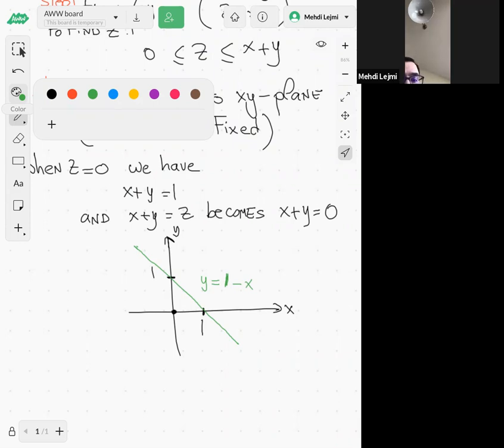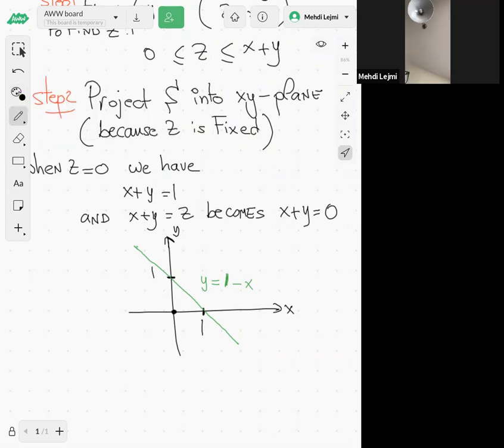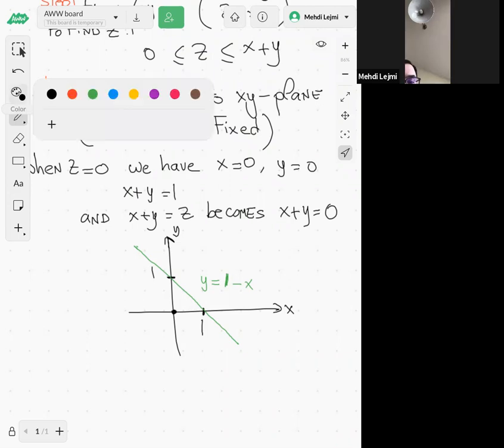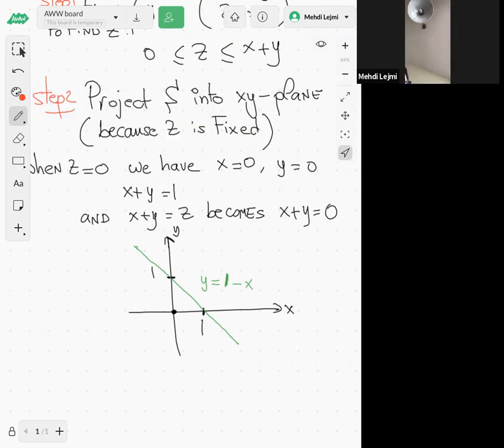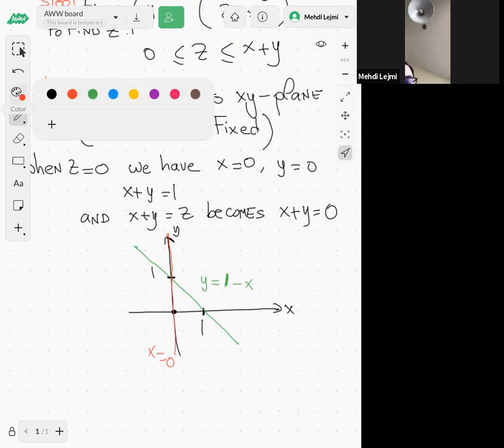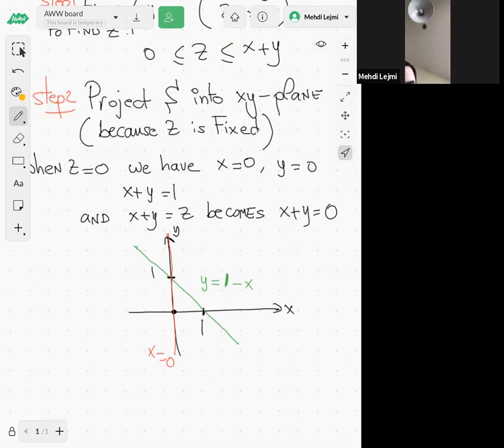We have x equals to 0. We have y equals to 0. We have x plus y equals to 1. And then x plus y equals to z, because z is 0, becomes x plus y equals to 0. So x equals to 0, of course, would be this line here. Y equals to 0 would be this one here. And then what else?